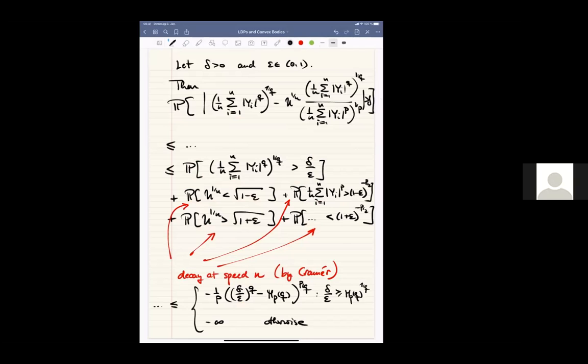Okay, so letting epsilon tend to 0, we obtain exponential equivalence.